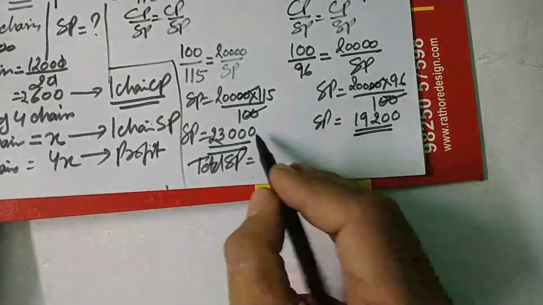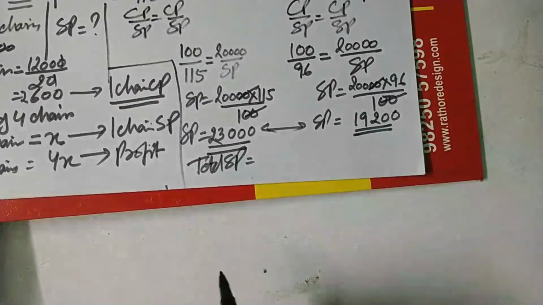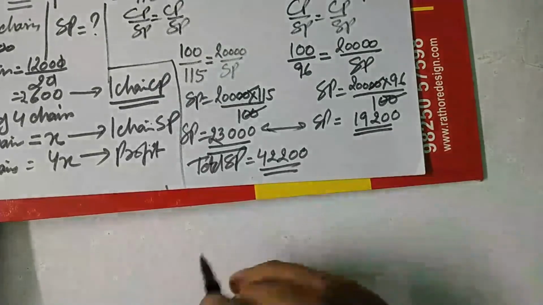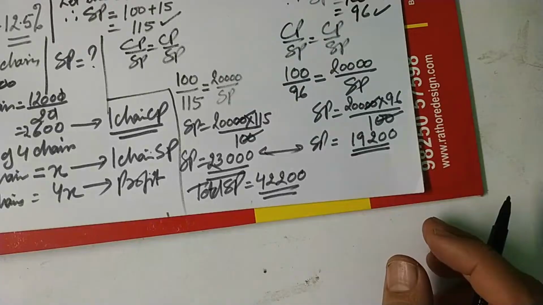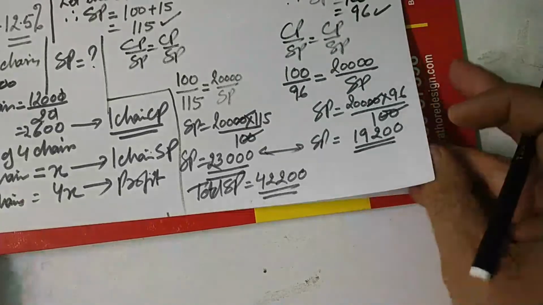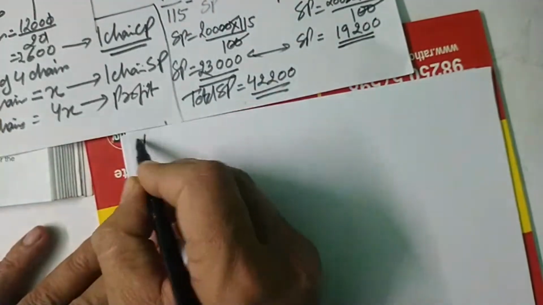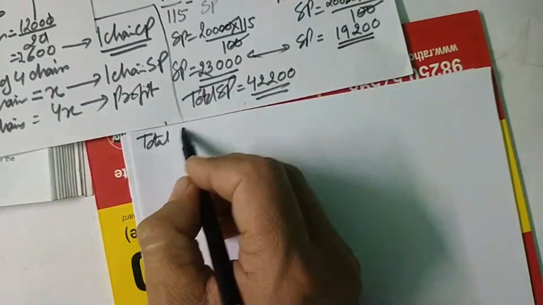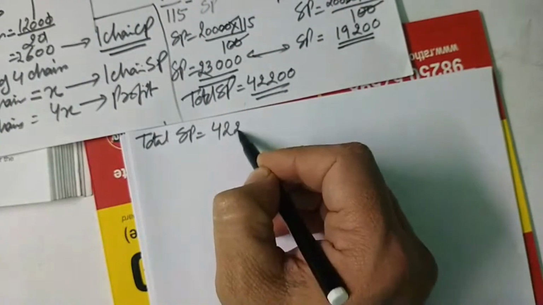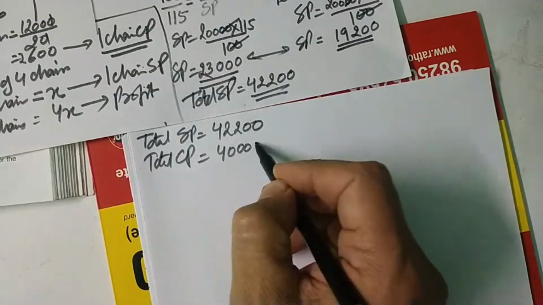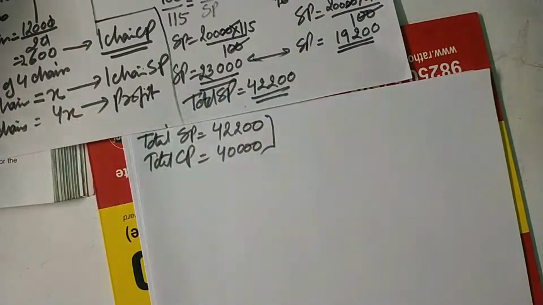Total selling price becomes, add this and this, so the total selling price becomes 42,200. Now since I have got total selling price 42,200, and the total CP was 40,000, you can see that he has made gain.